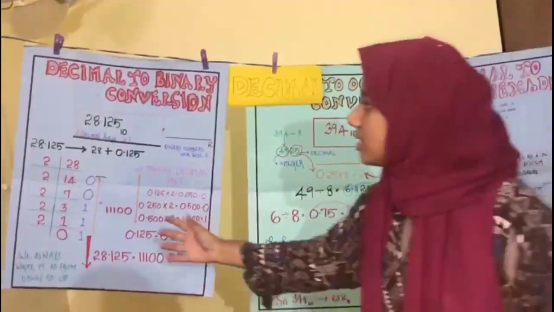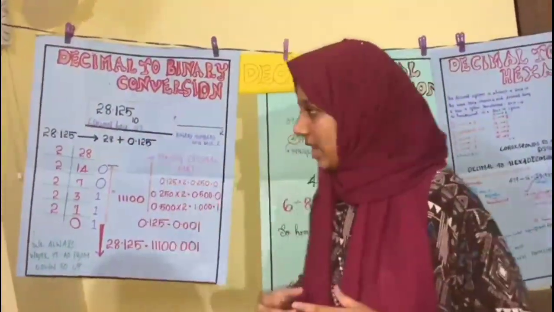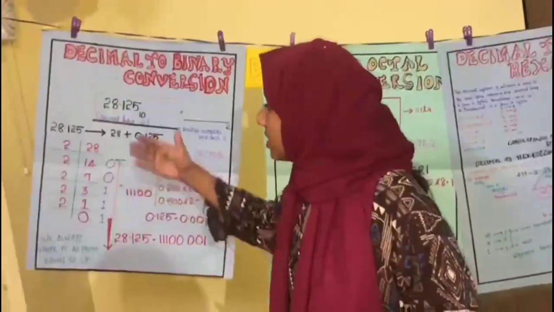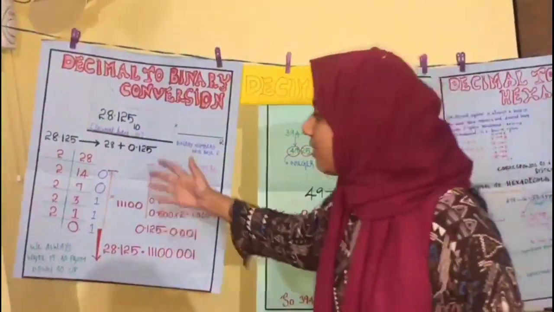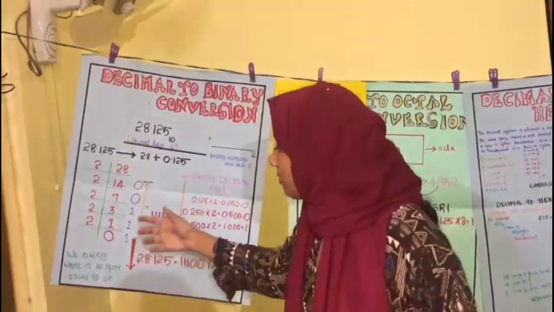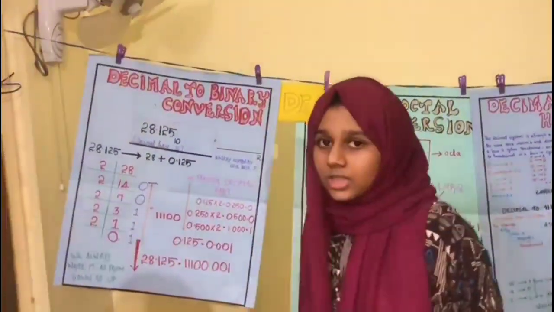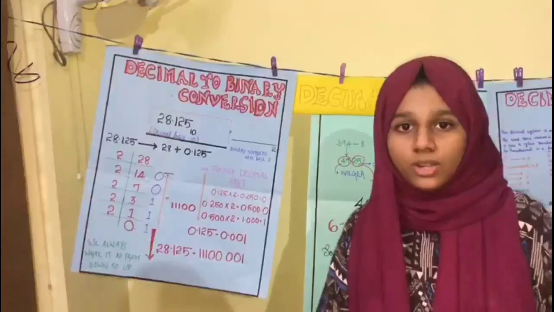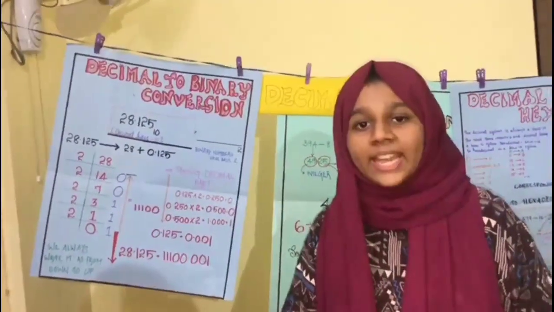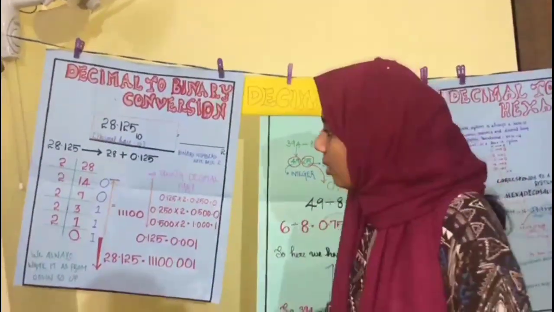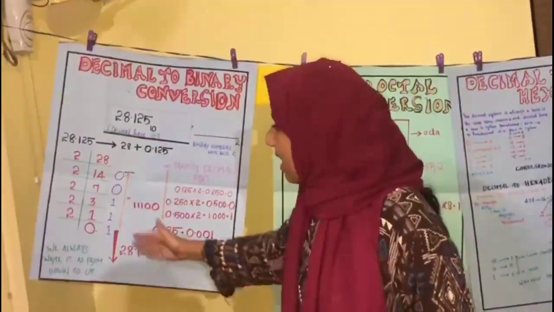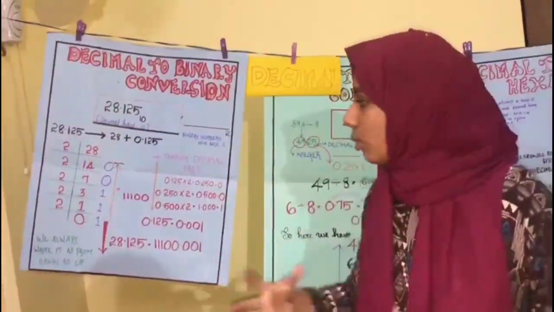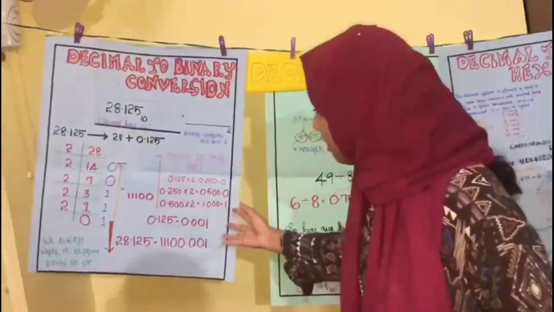After that, we take this integer side and do continuous division. After the continuous division, we will get 0. You might be thinking what these numbers will be. These are the remainders when we do this continuous division on the integer side.